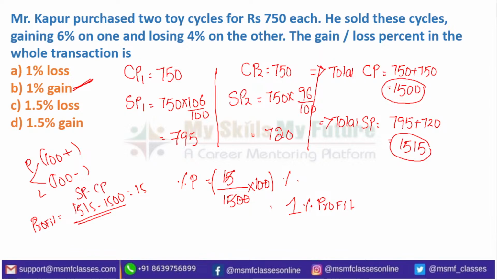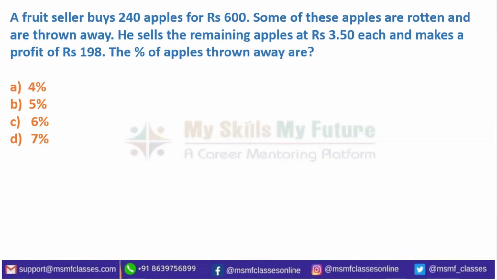Okay, next question. A fruit seller buys 240 apples for rupees 600. Some of these apples are rotten and are thrown away.